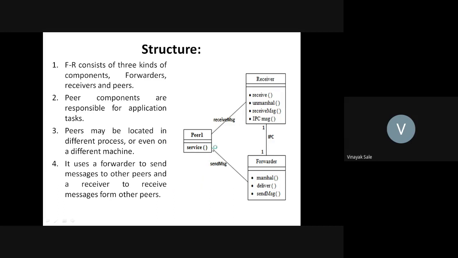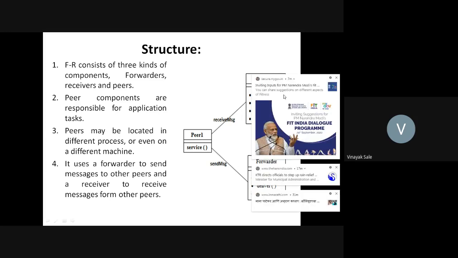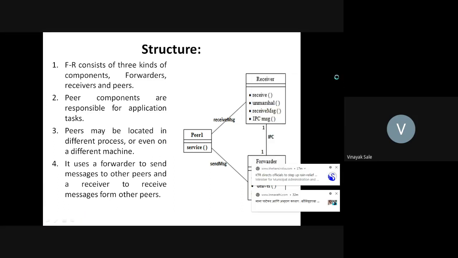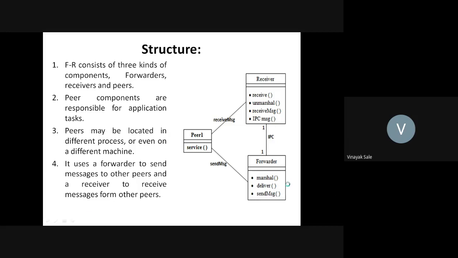So peers send messages towards a forwarder. There is one-to-one communication from forwarder to receiver.